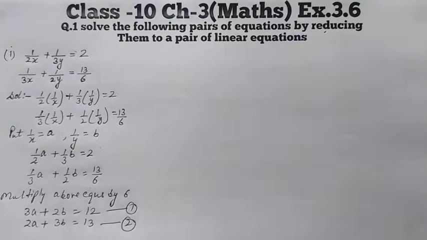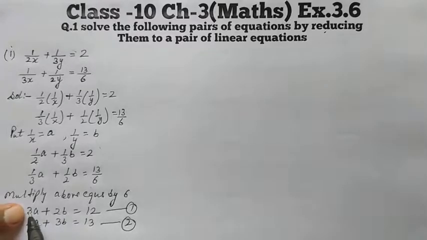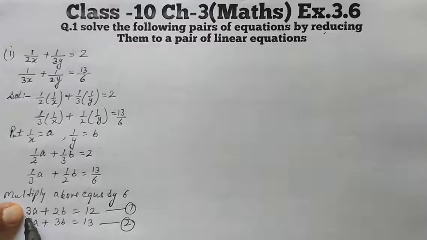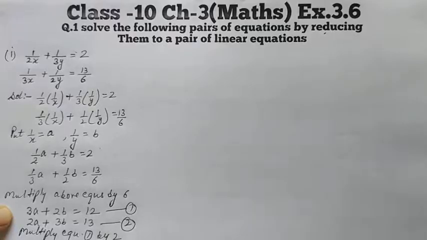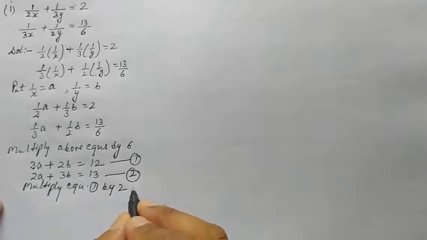Now we'll solve these two equations with the help of the elimination method. In the elimination method, we make the coefficient of either a or b the same in both the equations. So if I multiply equation 1 by 2 and equation 2 by 3, we get the coefficient of a as 6 in both cases. So let's multiply equation 1 by 2 and equation 2 by 3.